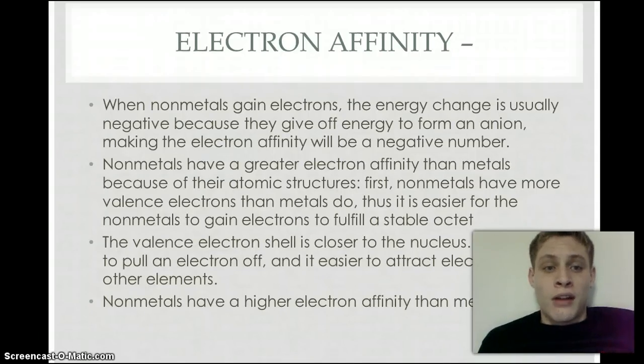First, nonmetals have more valence electrons than metals do. Thus, it is easier for nonmetals to gain electrons to fulfill a stable octet. The valence electron shell is closer to the nucleus, so it is harder to pull an electron off, and it is easier to attract electrons from other elements. Nonmetals have higher electron affinity than metals.